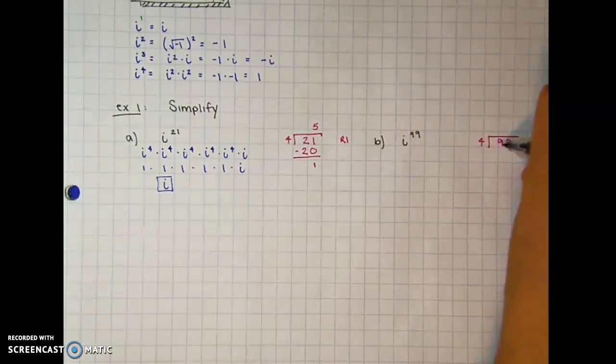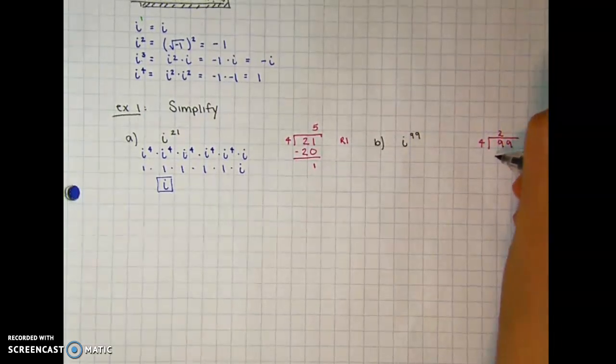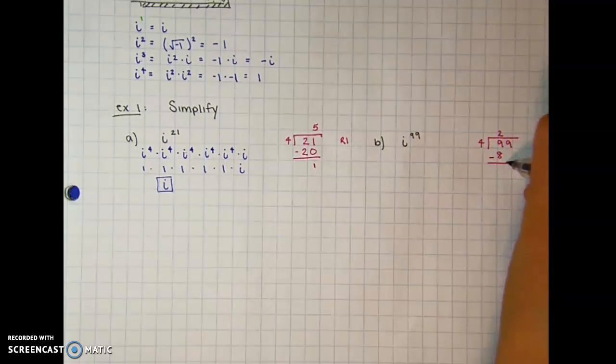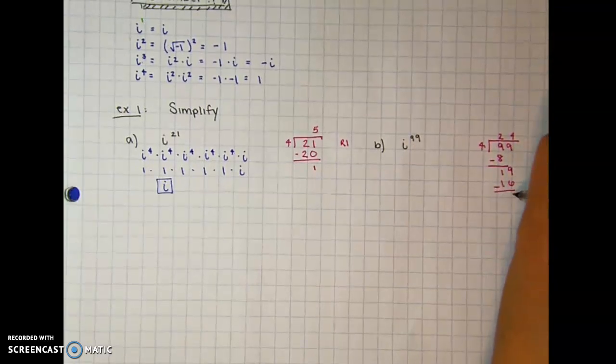Well, 4 goes into 9 2 times, 2 times 4 is 8, 9 minus 8 is 1. Bring down our 9. How many times does 4 go into 19? 4 times. 4 times 4 is 16, and 19 minus 16 is 3. So we have a remainder of 3.